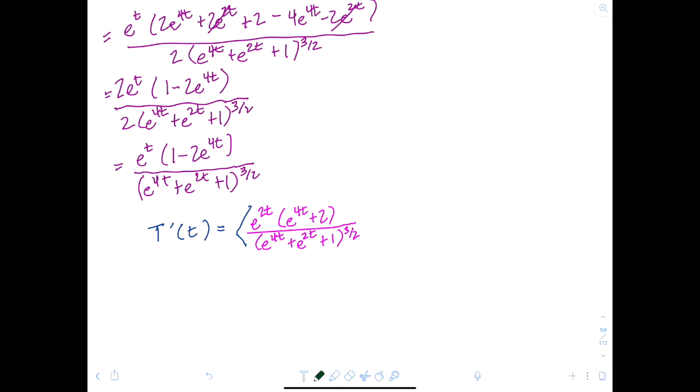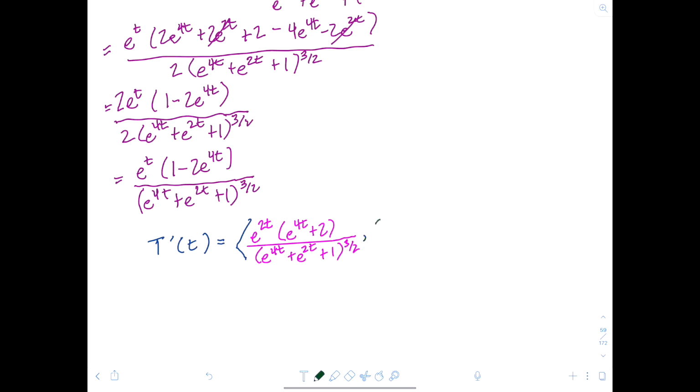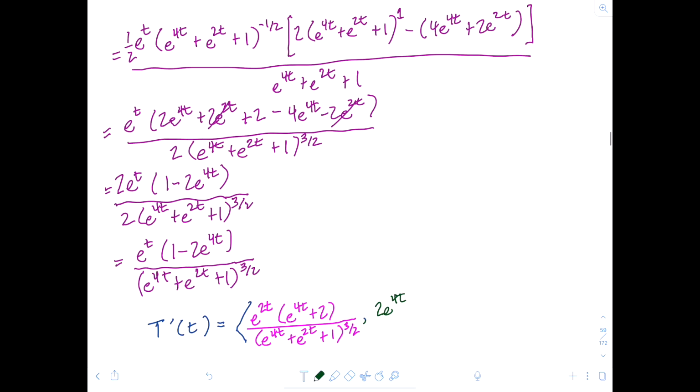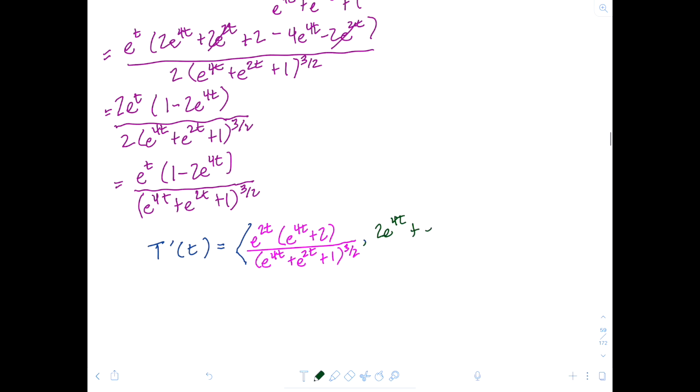The second one that we found was the green one. So we had 2e to the 4t plus e to the 2t. And I could have factored out an e to the 2t from that to make it prettier. Let's do that.